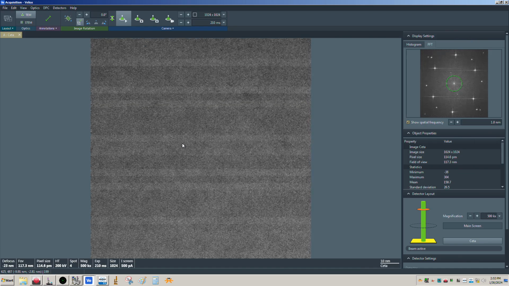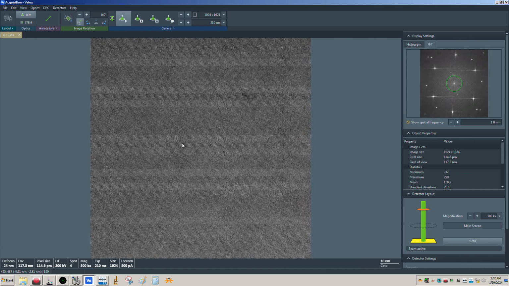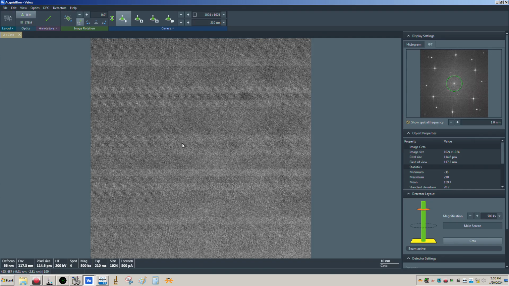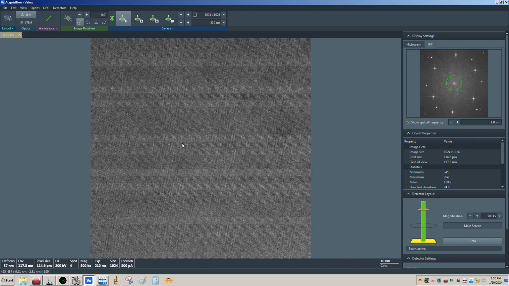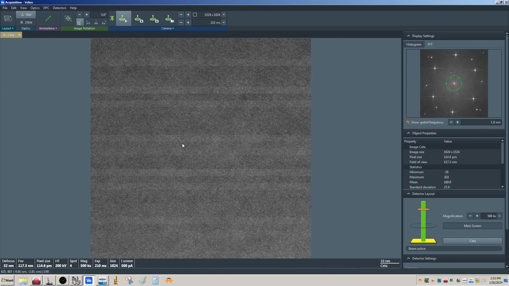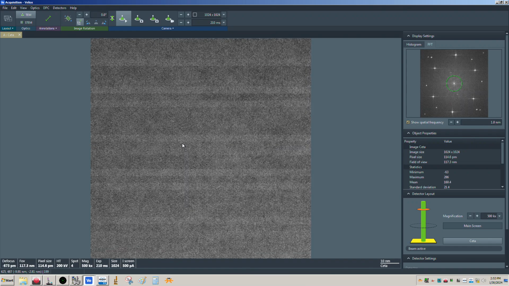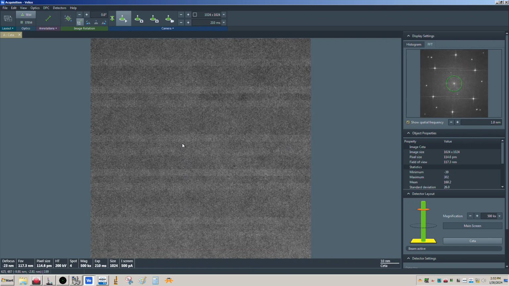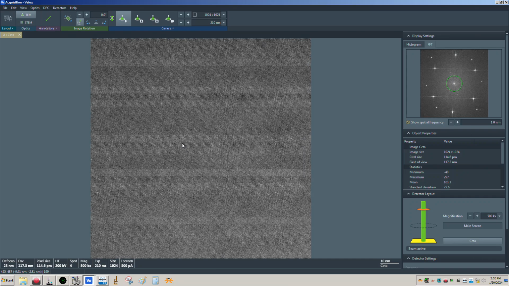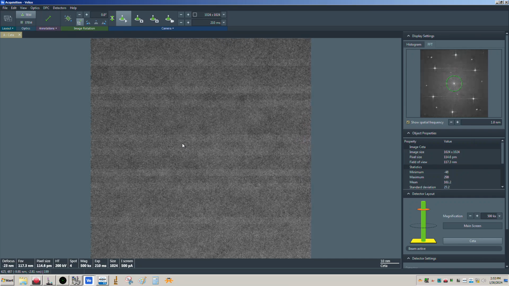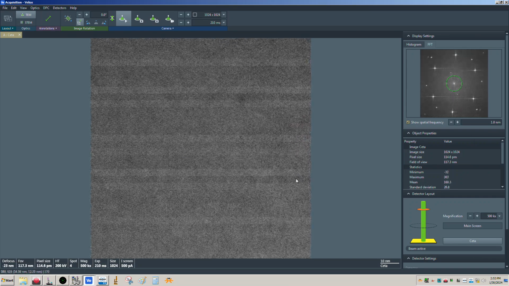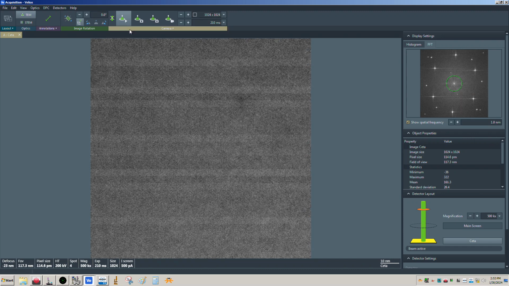All right, so we can see the lattice here pretty clean. Now focusing here is going to be a little bit of an adventure because we don't have any amorphous signal here to look at. Since we focused at the edge, we can just assume that it's still good here. It looks reasonable. So let me go ahead and do an acquire.